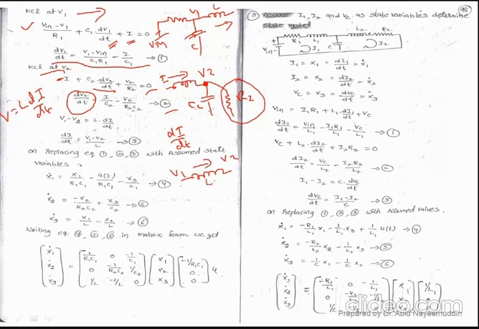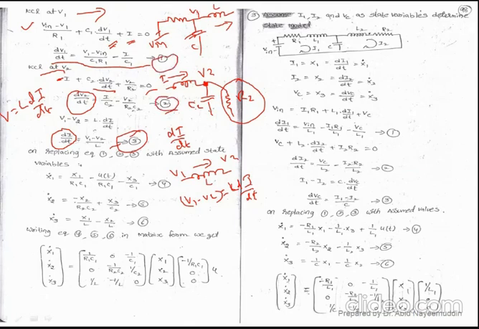So V1 minus V2 is the voltage across the inductor, equal to L into di/dt. If you rearrange the terms, you get (V1 minus V2) by L. This is your equation 3, so equations 3, 2, and then 1.